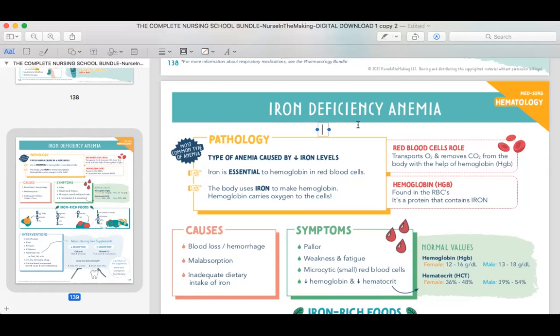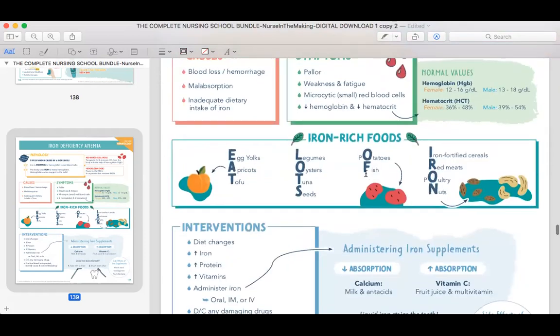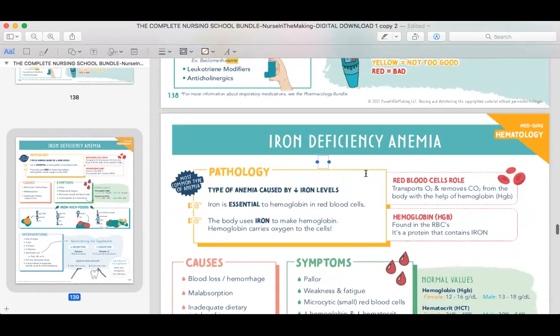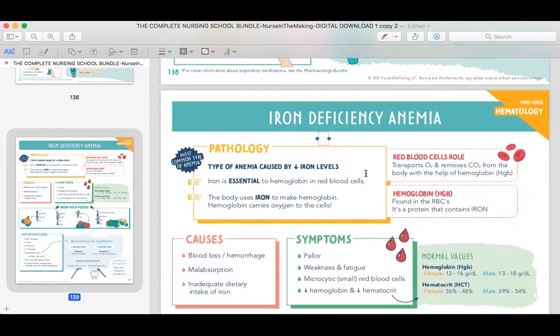It's like Epoetin, or Epoetin alfa, something like that. Basically, you want to make sure you correlate that with iron and hemoglobin, because I believe that medication helps with increasing your red blood cells. Let me look it up.